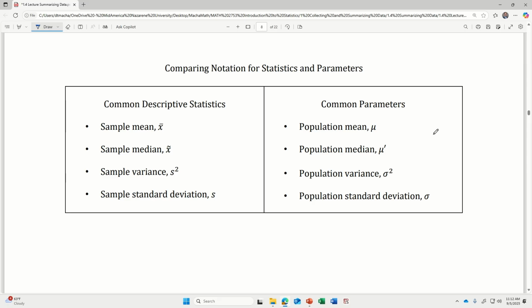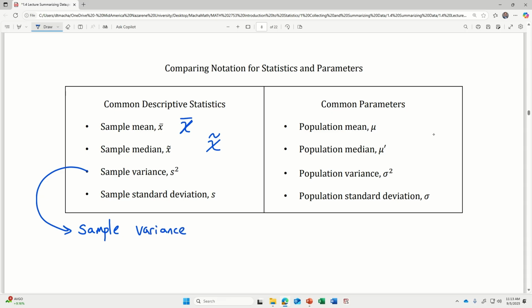So I just want to show you some notation next. We talked about how the sample mean is going to be putting a bar above my random variable, so like x bar. For the sample median, we might sometimes use an x with a tilde above it. This is a new word: the sample variance.